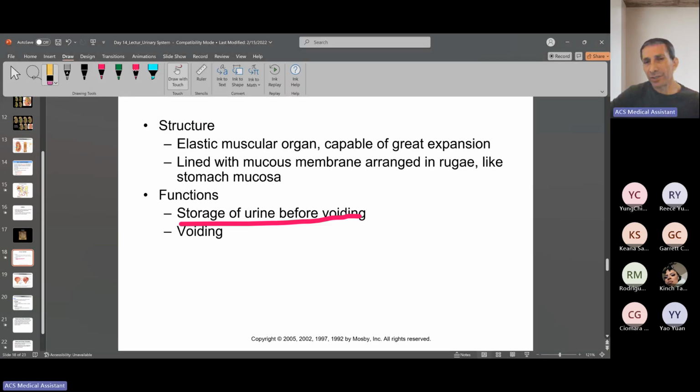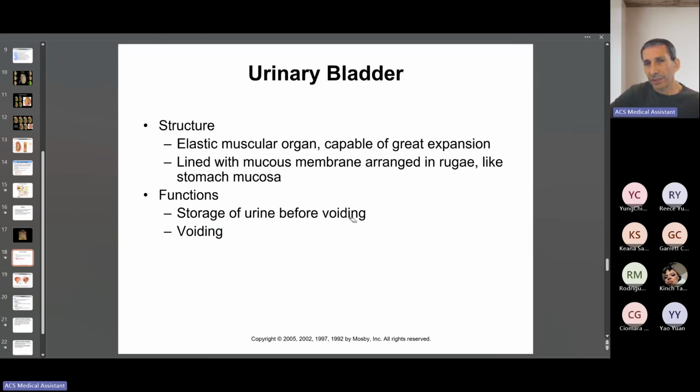So when your patient comes to your office and the doctor orders a urine test, of course you're going to tell them, can you please, I'll give you this little cup, go to the bathroom, collect some urine, and bring me the cup right here to the lab, okay? You do not tell the patient, can you go void and then come back?